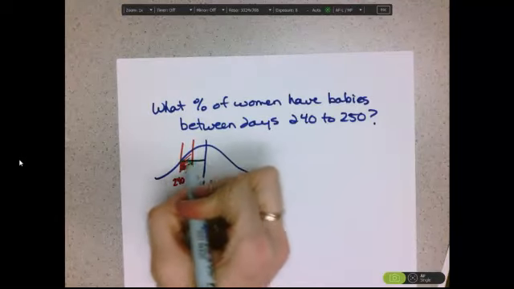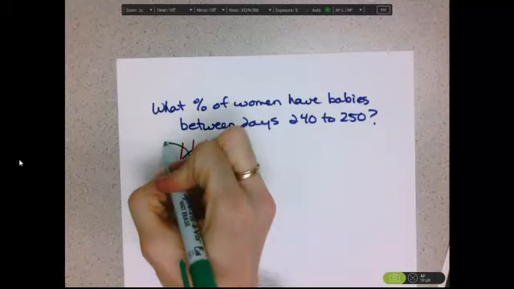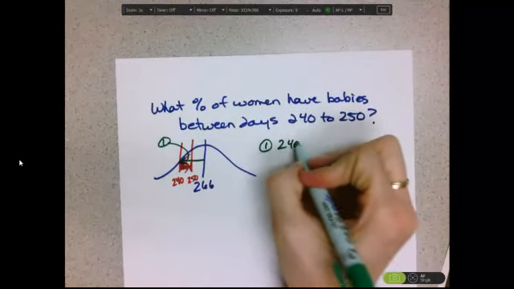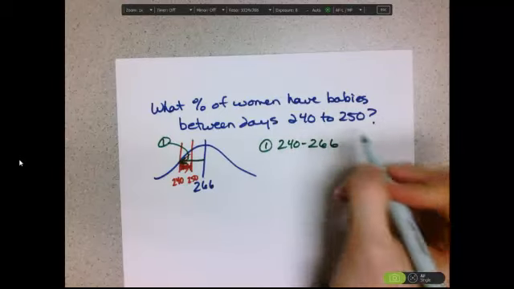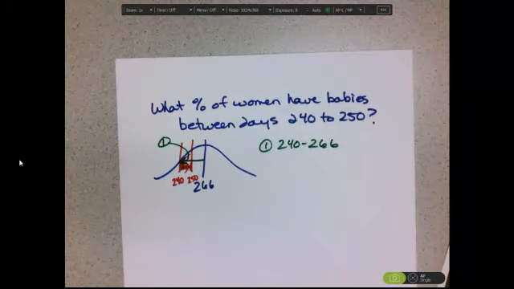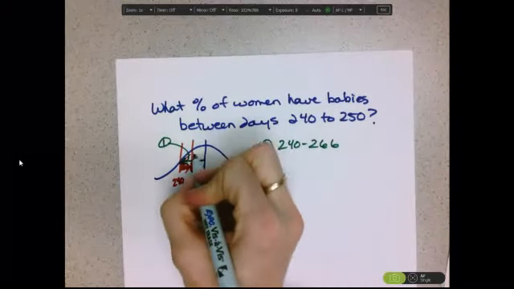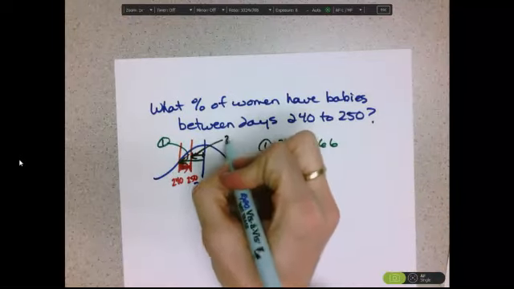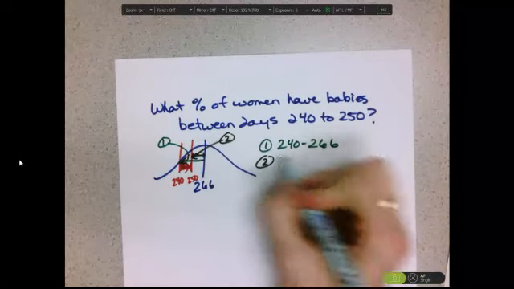The first is to look at day 240 to 266, and the second is to look at day 250 to 266 and then subtract those.